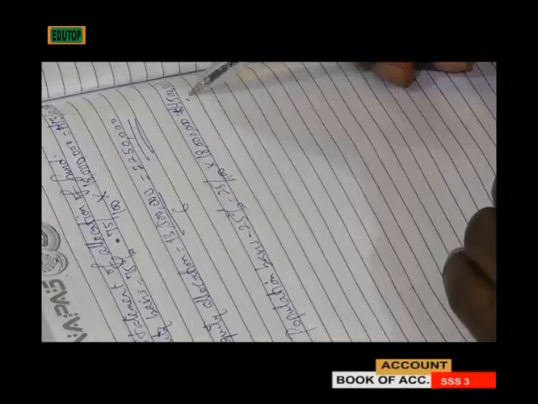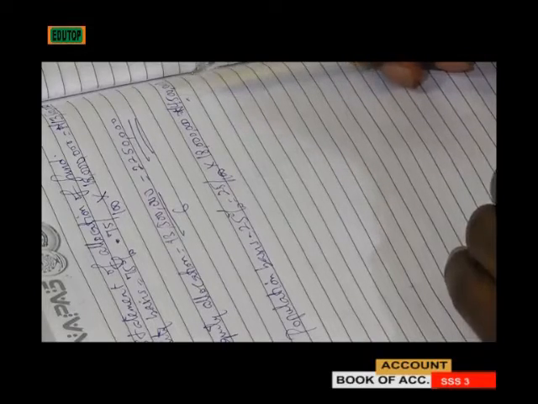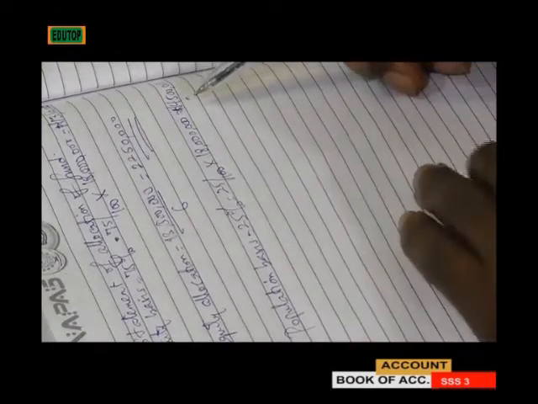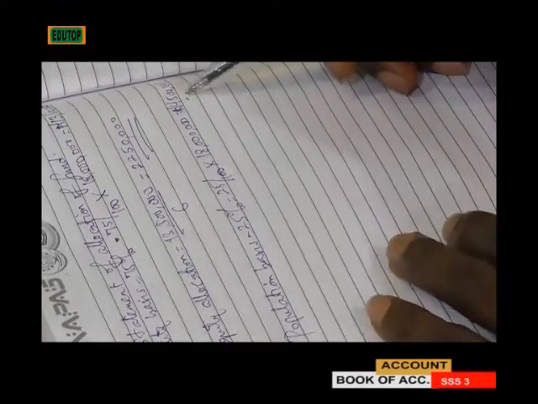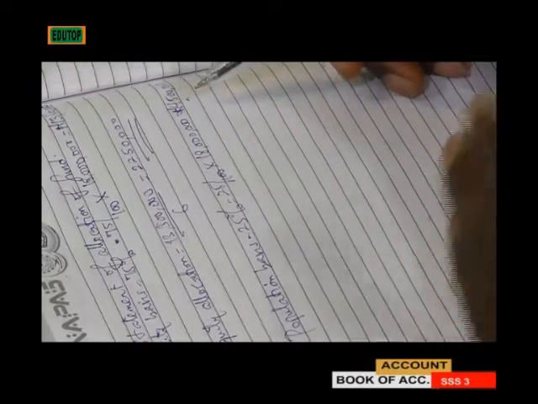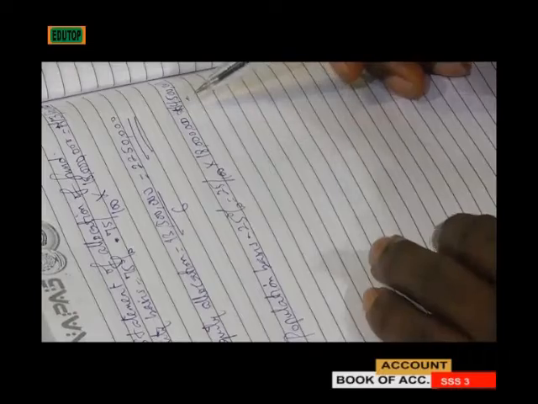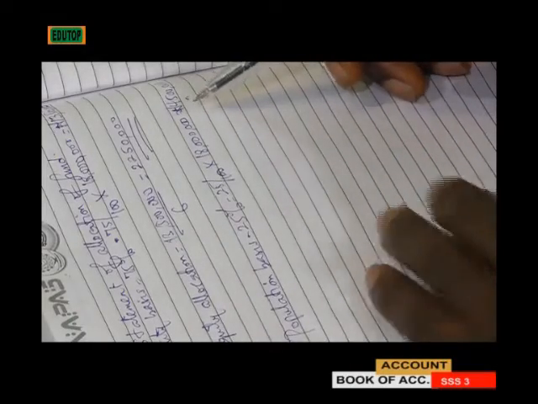So you now share it based on the population, not equally like equity basis. You share it based on their population. That means the one that has the higher population will have the highest.